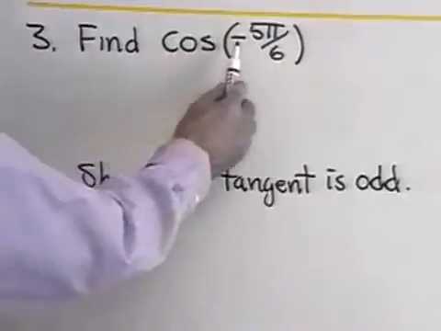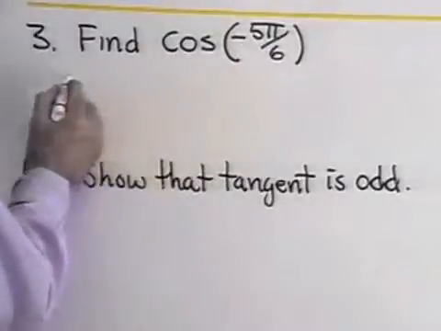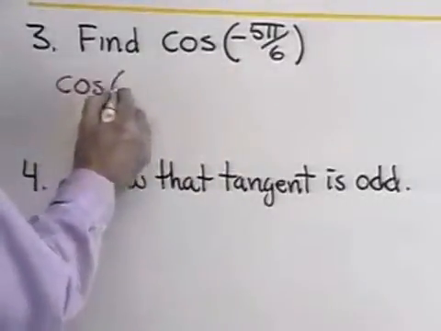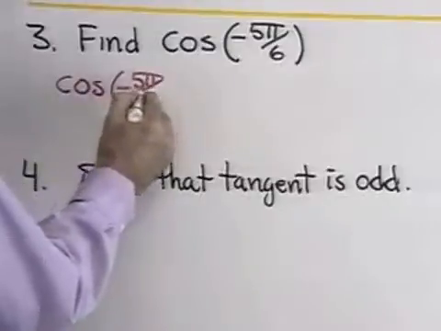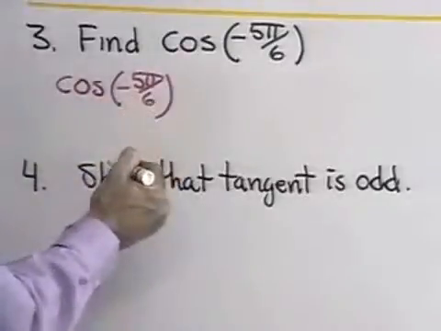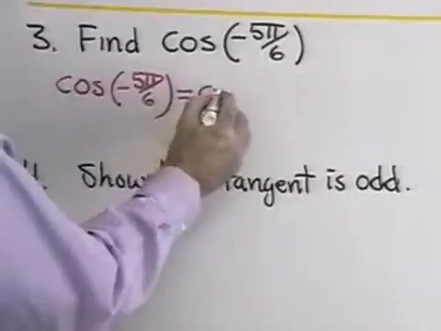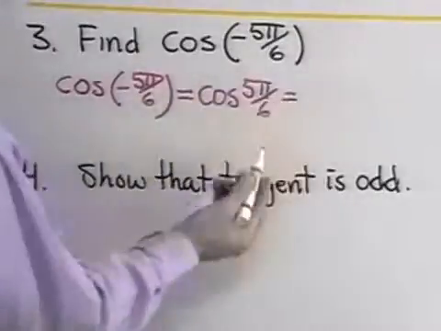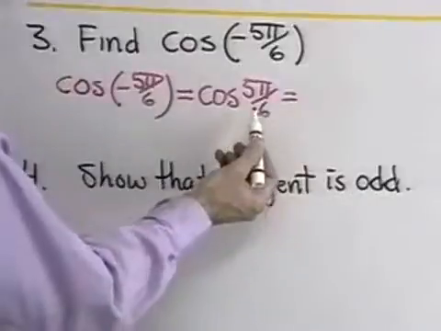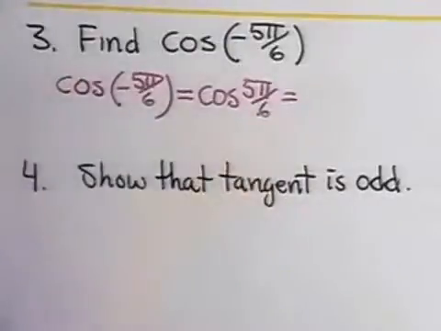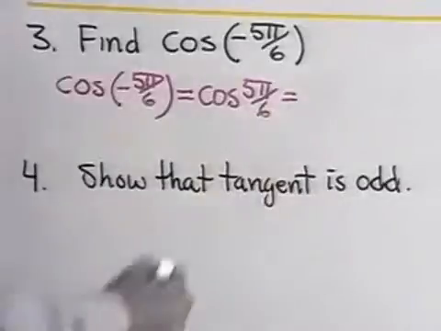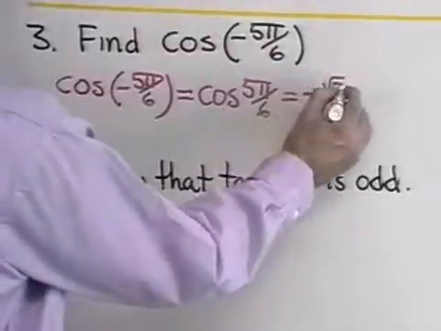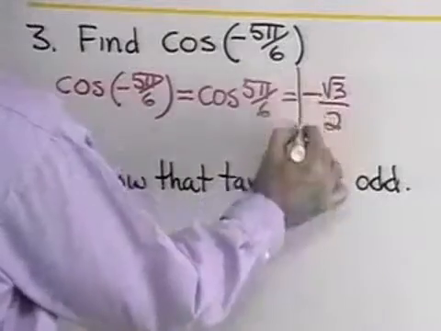Let's find the cosine of negative 5 pi over 6. Well, cosine of negative 5 pi over 6, because cosine is an even function, is the same as the cosine of 5 pi over 6. And now if I check on my unit circle, the cosine of 5 pi over 6 turns out to be negative square root 3 over 2.